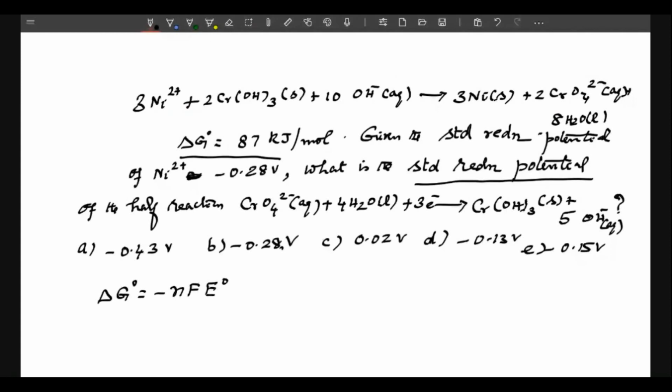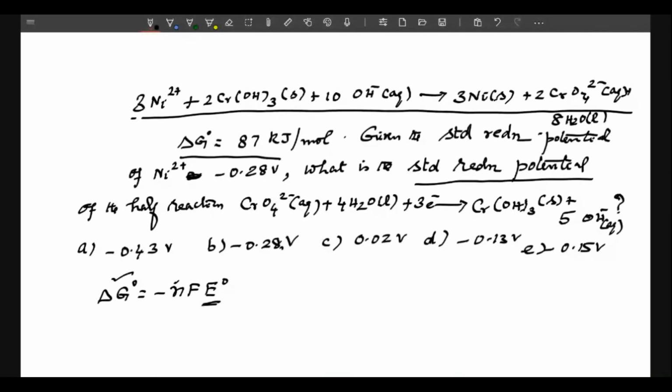Delta G is given. N is not given, but you have to derive the value of N from the net reaction. From this, you can calculate E naught, the cell EMF.